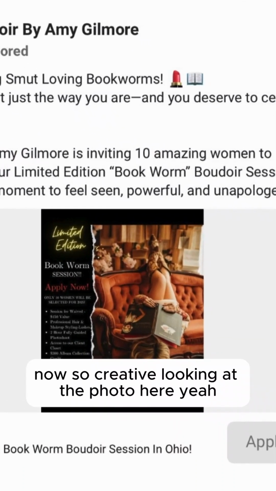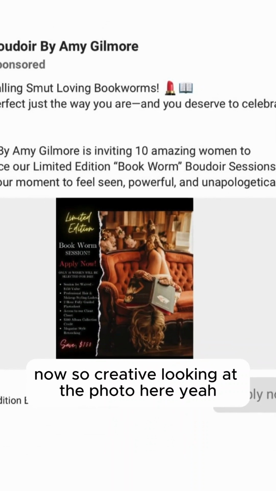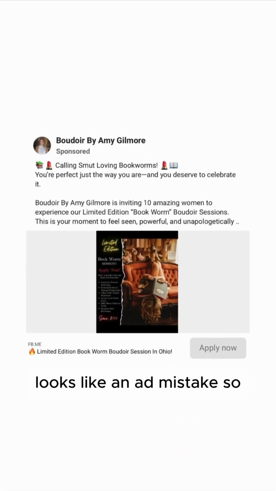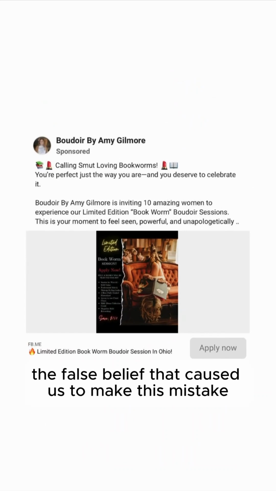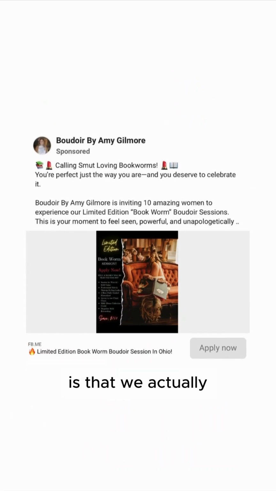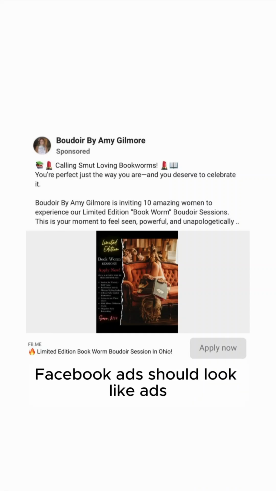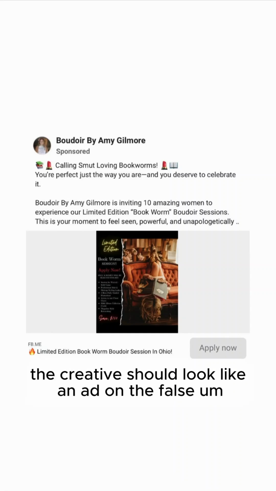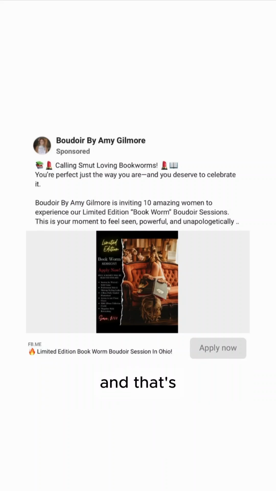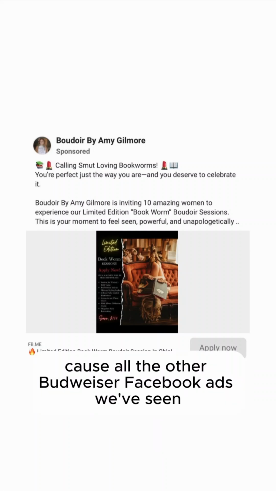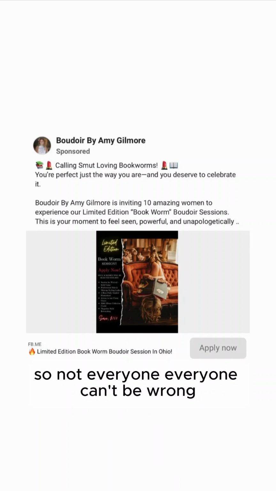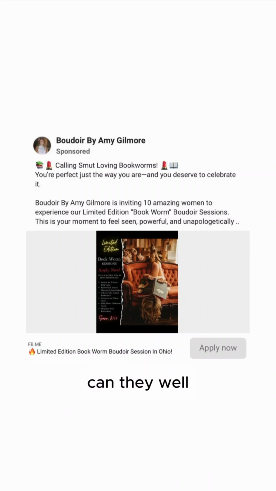Now, creative, looking at the photo here, yeah, we got the looks like an ad mistake. So the false belief that caused us to make this mistake is that we believe Boudoir Facebook ads should look like ads. The creative should look like an ad. That's because all the other Boudoir Facebook ads we've seen, they all look like ads. So everyone can't be wrong, can they?